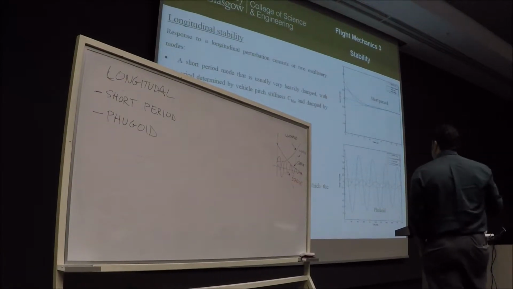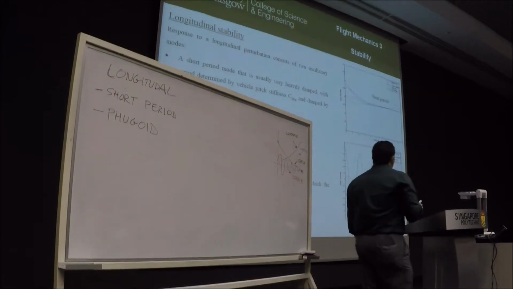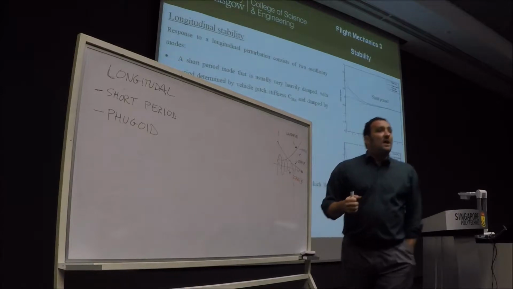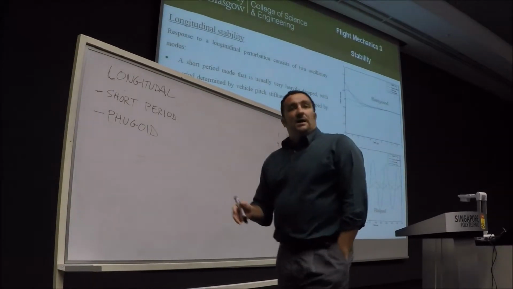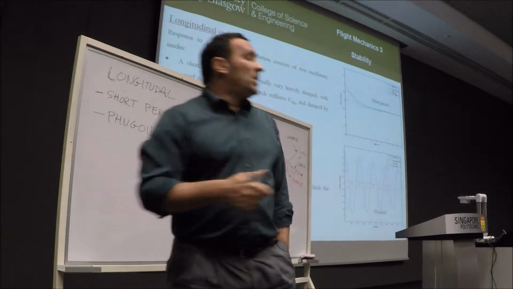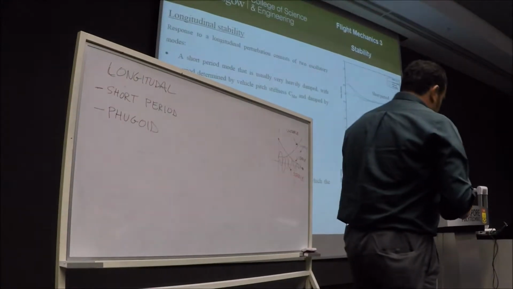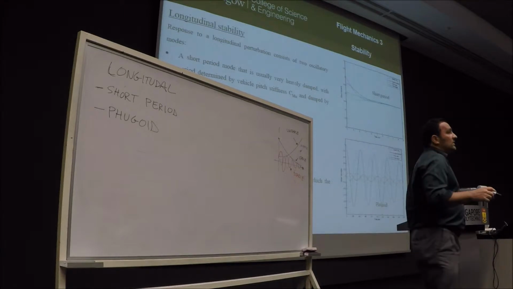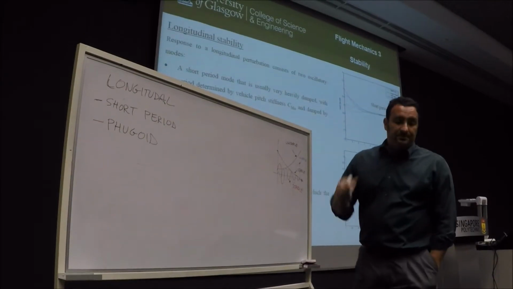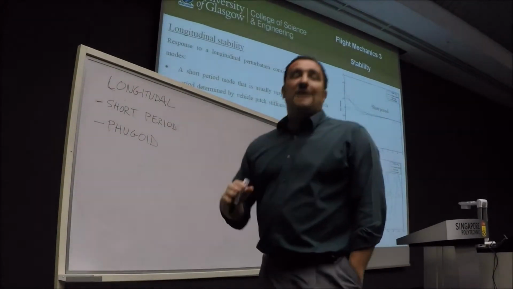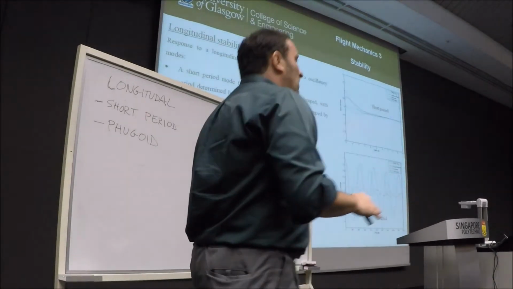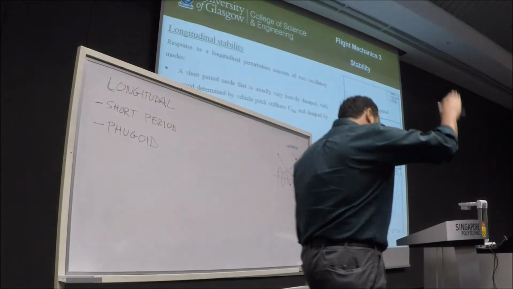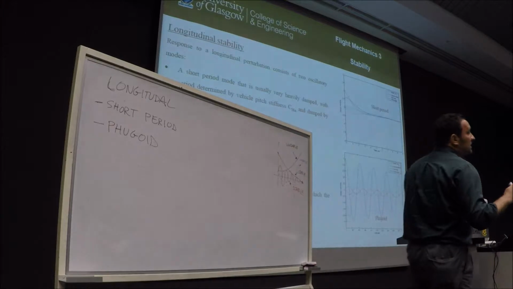That's not the case for a phugoid. A phugoid, you have a very slow decay rate of the oscillation, and you have a motion of the aircraft that goes continuously up and down.